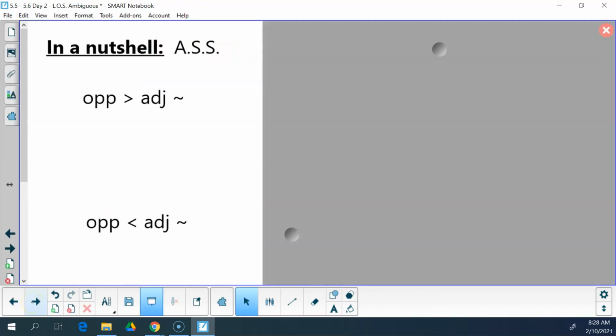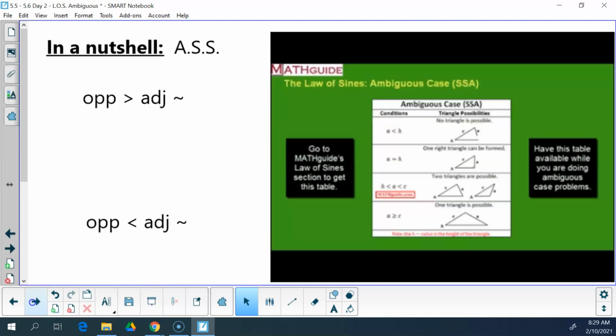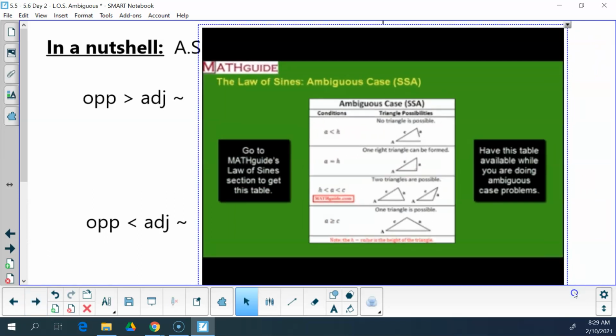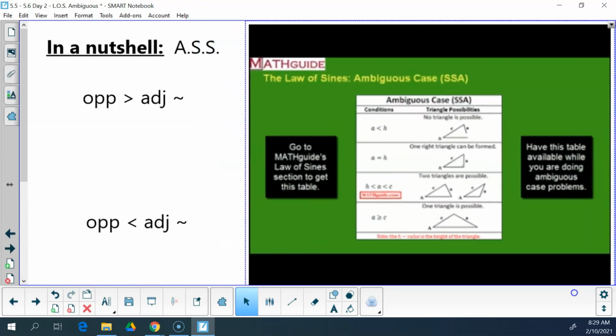So let's wrap it all up with the angle side-side case. You're really looking at whether the opposite is bigger or less than the adjacent. Okay? If it is, that's kind of not so clear. Clear that up a little bit. Okay?